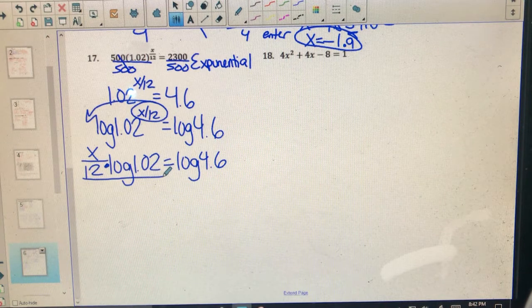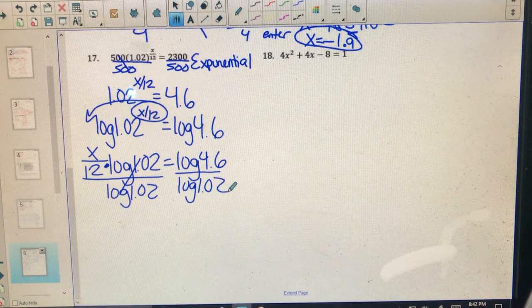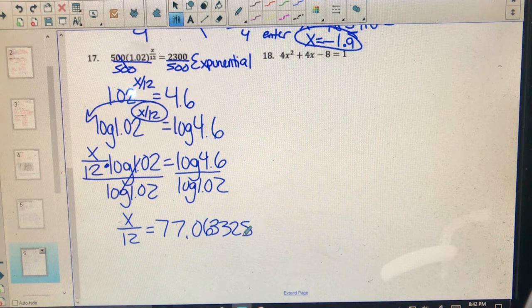So to get that x closer to being by itself, I have to divide by the log of 1.02. So the x over 12 comes down, and the log of 4.6 divided by the log of 1.02 needs to be plugged into the calculator. When you do that, you get 77.063325, which is not your final answer because that's solved for x divided by 12.